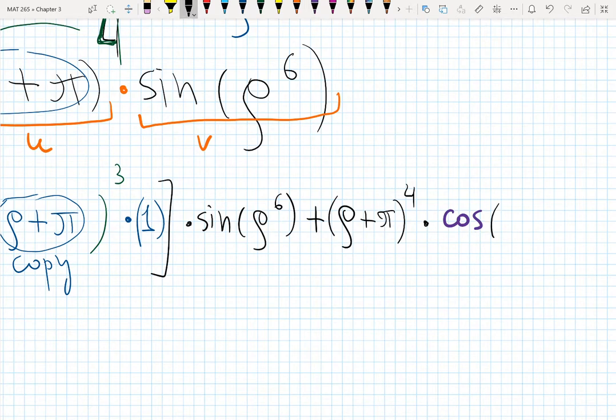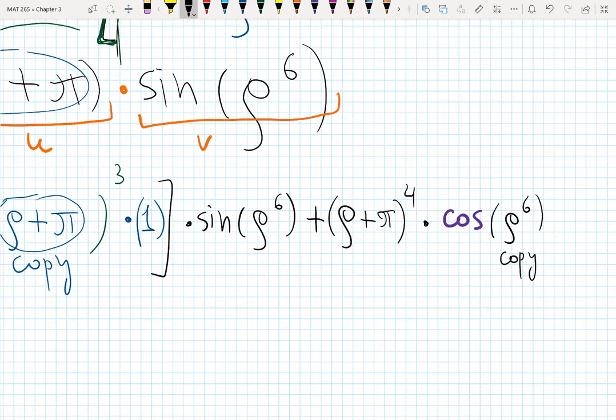6 rho to the 5 or rho to the 6? Rho to the 6. Remember, don't make that mistake. Don't differentiate the inner part until you finish differentiating the outside part. Always copy the part inside. Copy. Because the idea of the chain rule is differentiate the part outside at the original part inside.